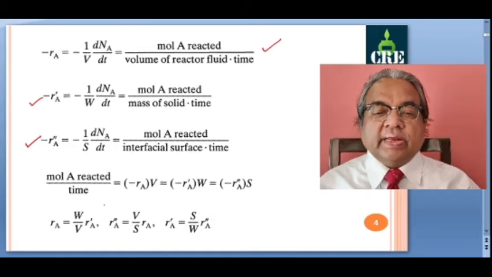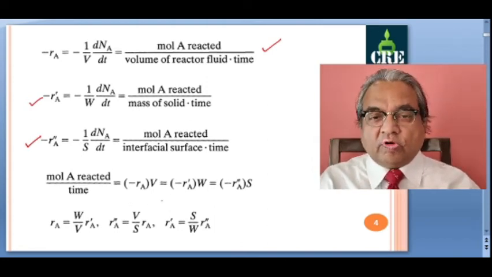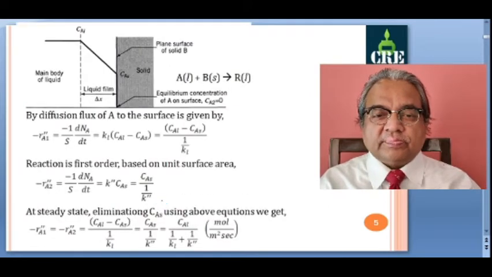So these three rates can be interrelated in these different forms. So we'll use this frequently in this chapter.